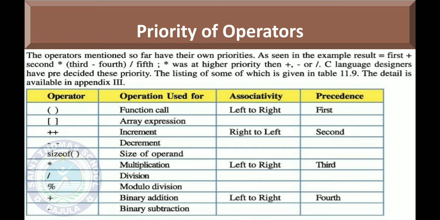So now we will see this priority table. First you can see it is divided into 4 columns. The first column is the operator, the second column is what the operation is used for, then associativity and precedence. So first we will see what precedence is. In mathematics and in computer programming, the order of operations is given.